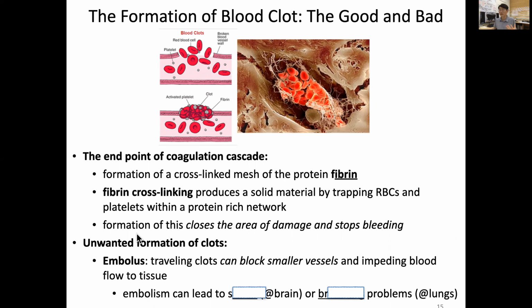The problem is there are also unwanted formations of clots, such as a clot that will shed as a traveling clot, which we call an embolus. That can block small vessels and impede blood flow to the tissue, causing tissue ischemia. If it ends up in the brain, it can lead to a stroke, or if it ends up lodging in the lungs, it can cause breathing problems.